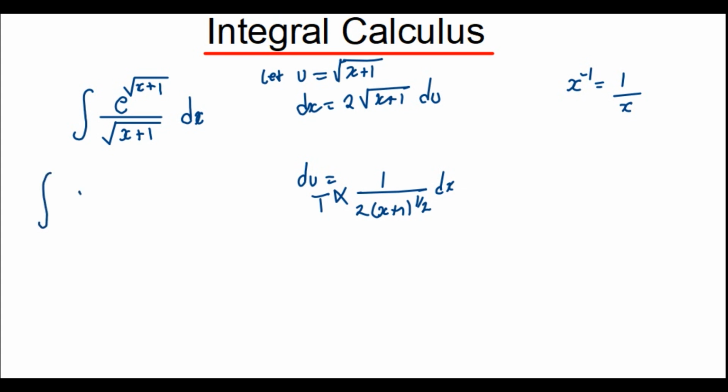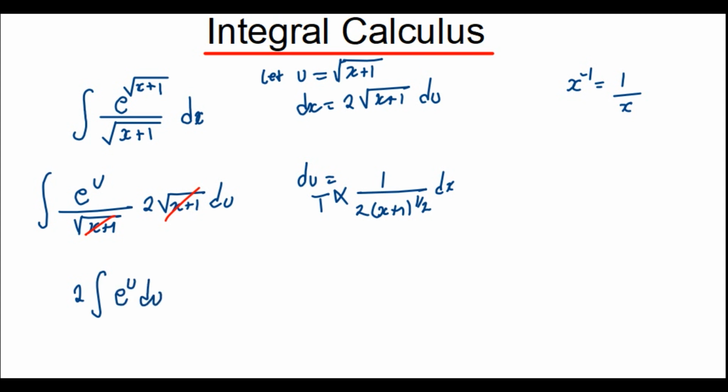So I'll say e to the power u, divided by the square root of x plus 1. What is our dx? We have found that our dx is 2 root x plus 1 du. So you observe that this cancels out with that one there. What we remain with is the integral of, actually there's a 2 here, so I can just place it outside. So that will be 2 multiplied by the integral of e to the power u du.